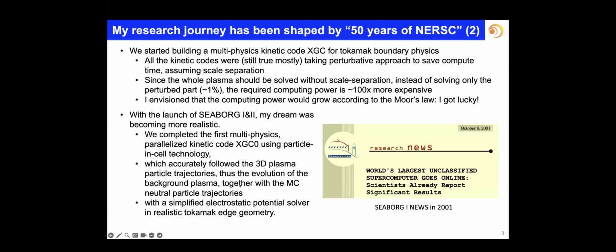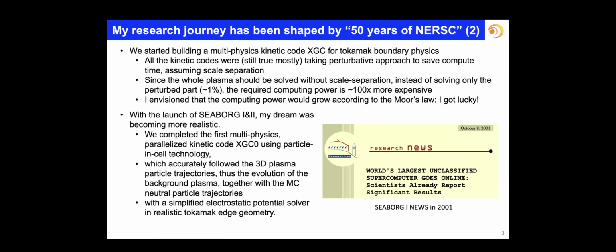This code accurately follows 3D plasma particle trajectories. Thus, the evolution of the background plasma was simulated together with the Monte Carlo neutral particle trajectories, so already multiphysics, neutral particle physics and the background particle trajectories, all the distorted trajectories due to inhomogeneity in the Tokamak.